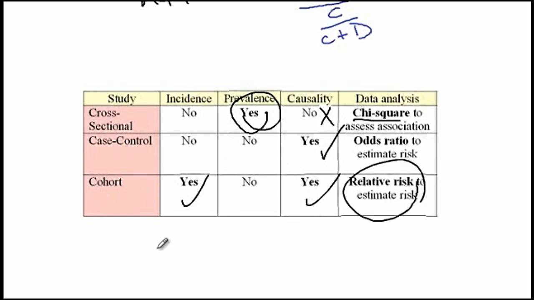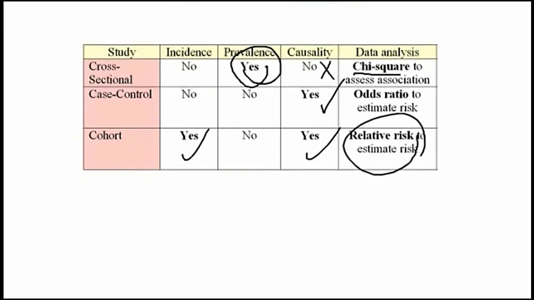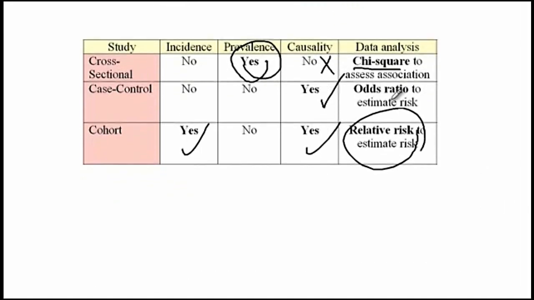Now, one question that may bother you is how to remember that case control is analyzed by odds ratio and cohort is analyzed by relative risk. The way I remember it is the A times O rule, or O times A rule.